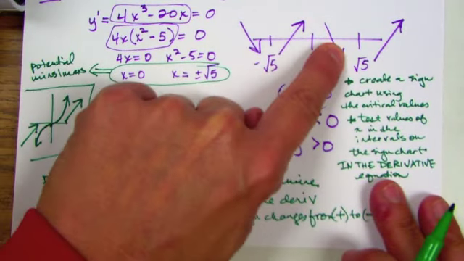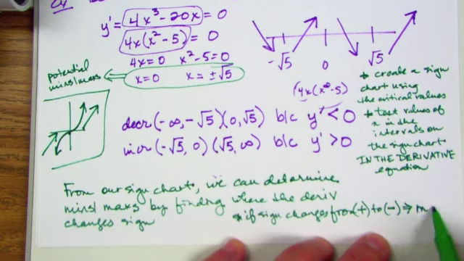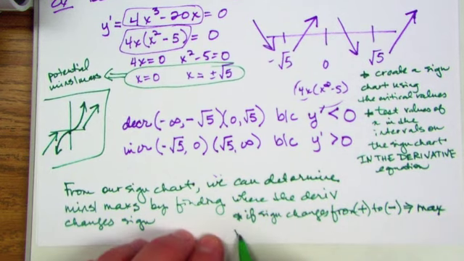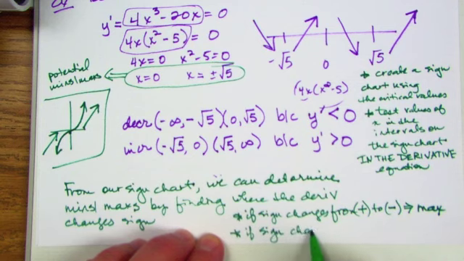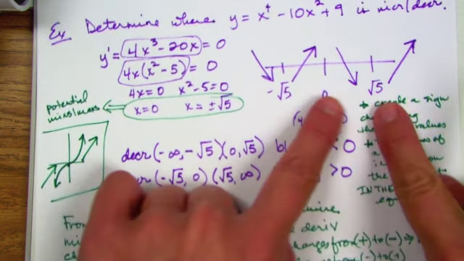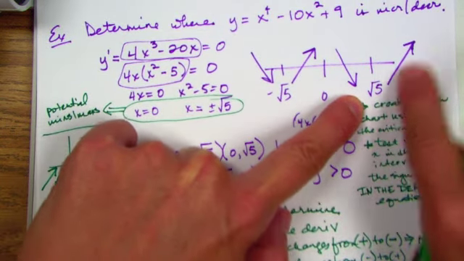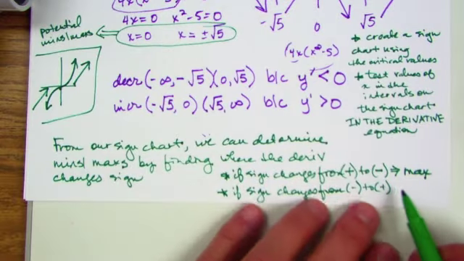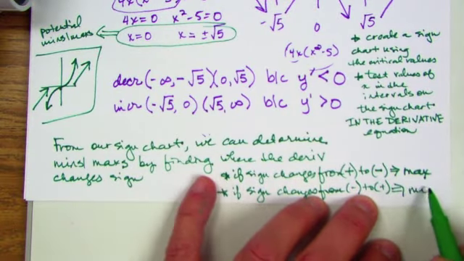If the sign changes from being positive to negative, we have a max. If the sign changes from negative to positive, then we know we have a min.